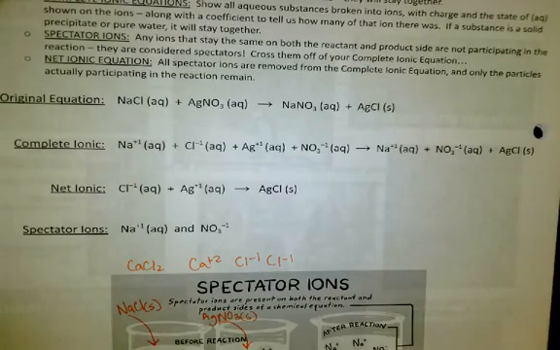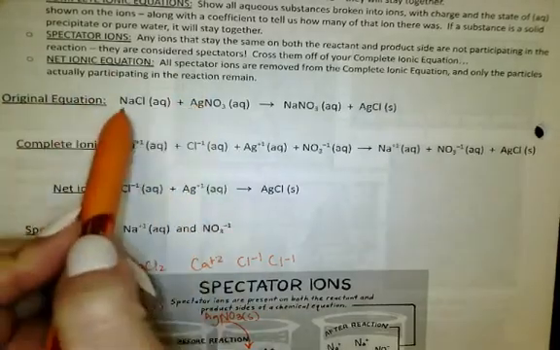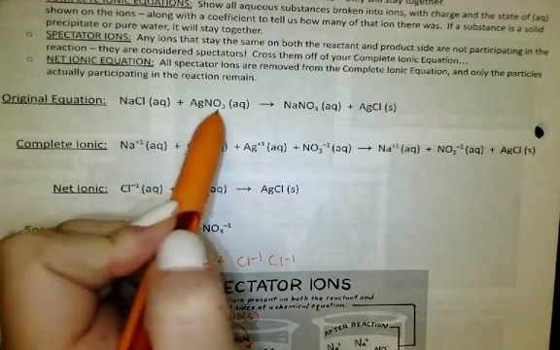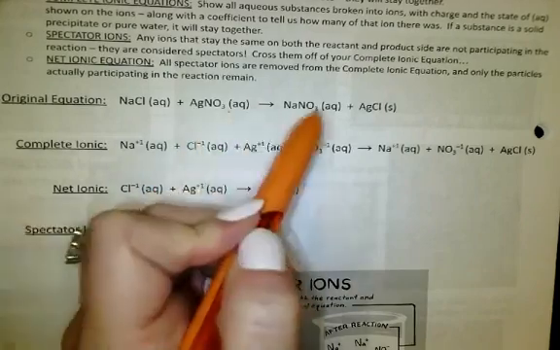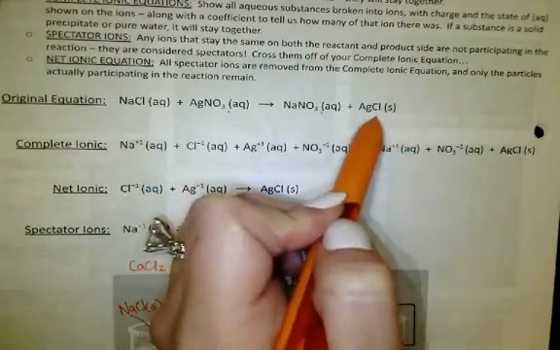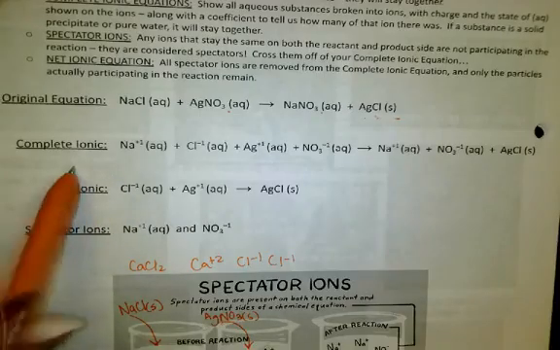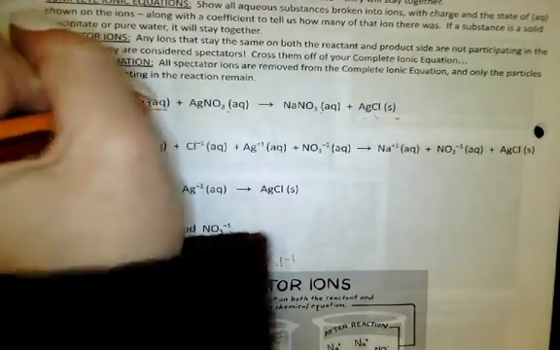This is the reaction we just looked at. We have sodium chloride aqueous, silver nitrate aqueous, yields sodium nitrate aqueous and silver chloride solid.